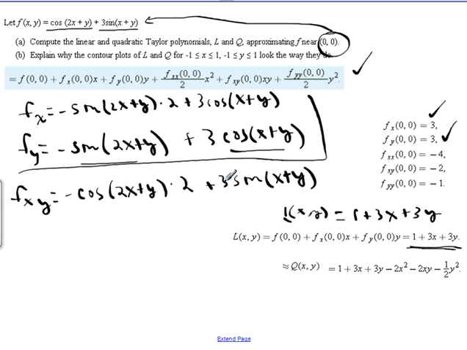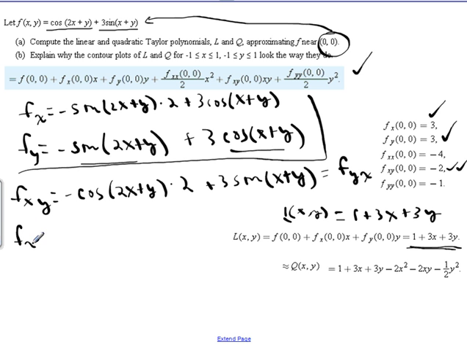And when I plug 0, 0 into this, we're going to get negative 2. And this also equals f partial yx.